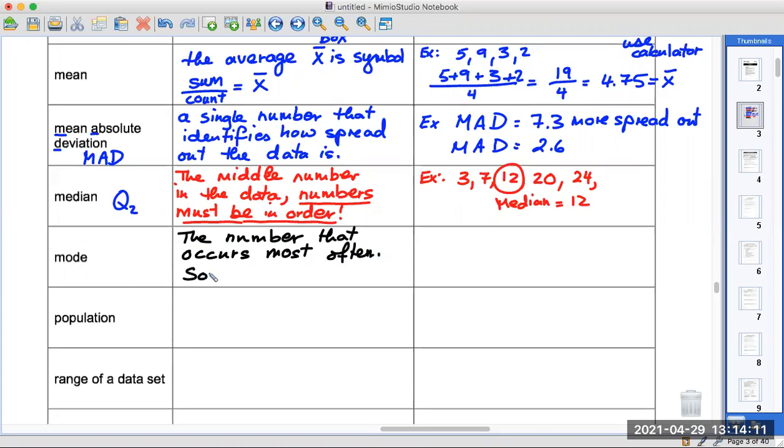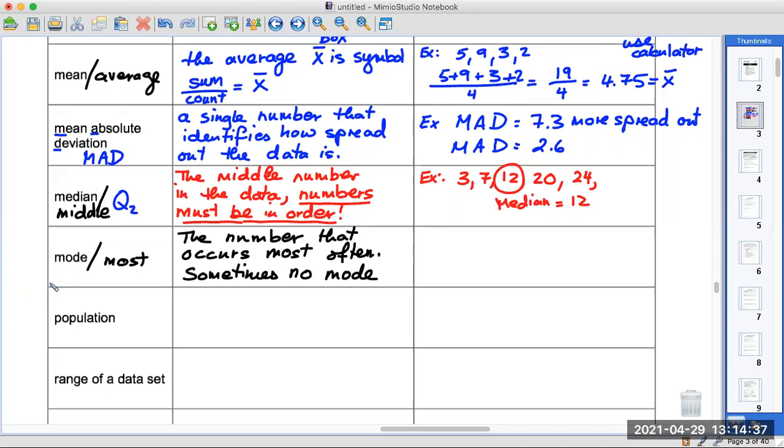Then you just say no mode. The word mode goes with most. The word mean goes with average. And the word median goes with middle. That's how you can remember what they are. Those 3 words you've got to remember.